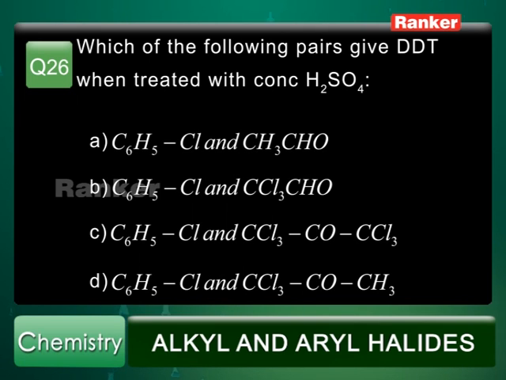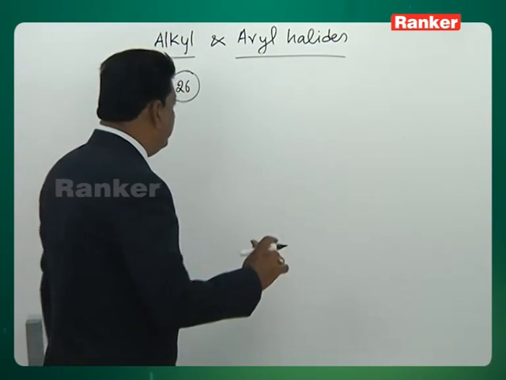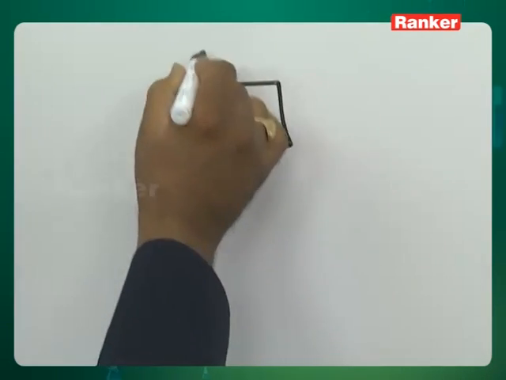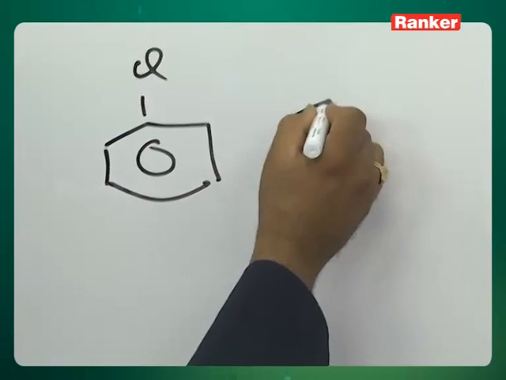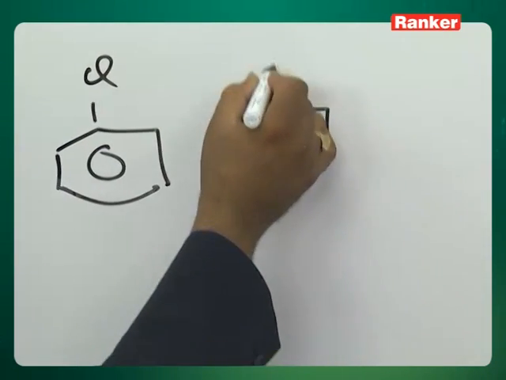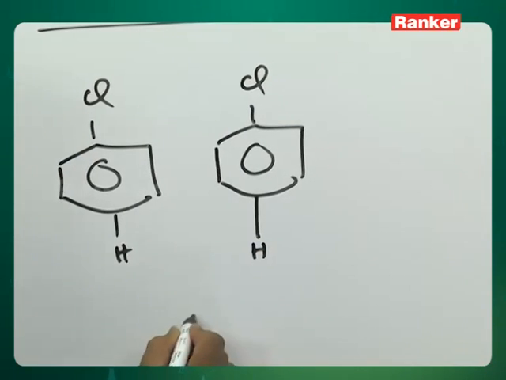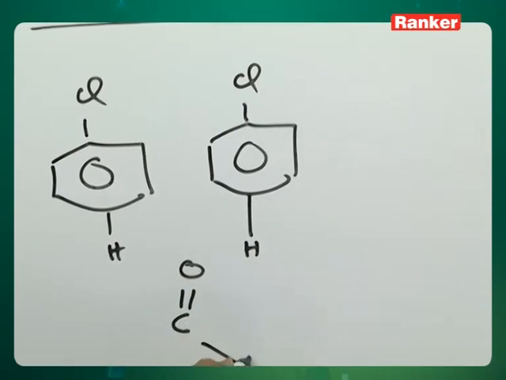So out of all these options, DDT we know very well, it is prepared from 2 chlorobenzenes undergoing condensation with an acetaldehyde derivative of the trichloro.